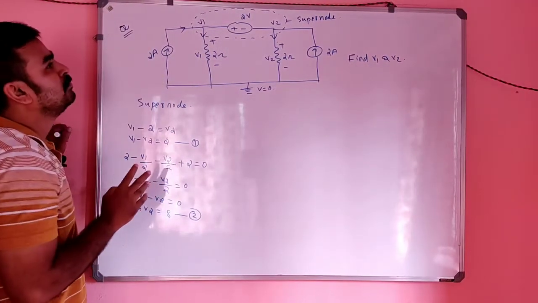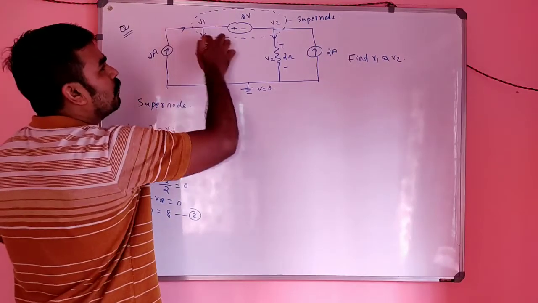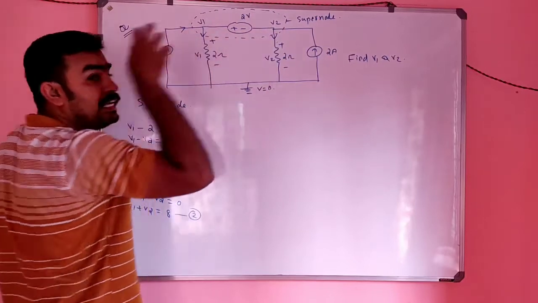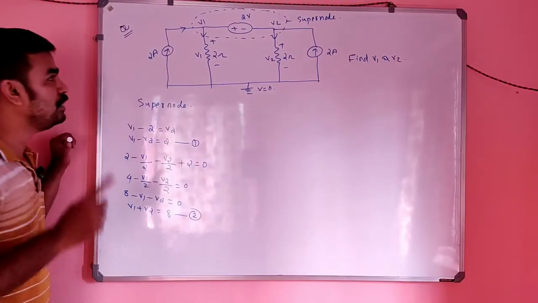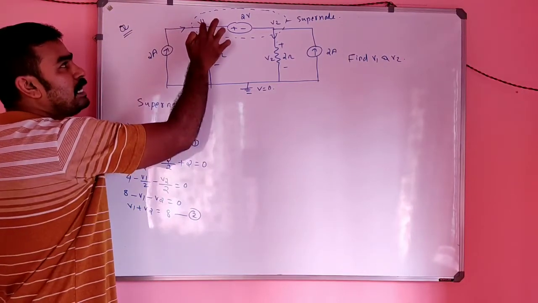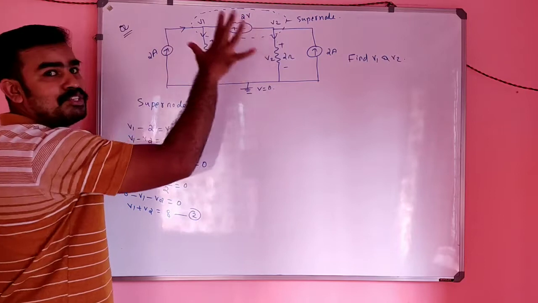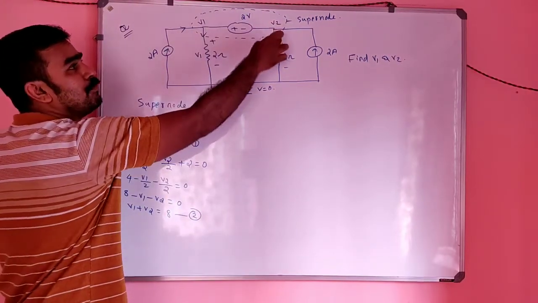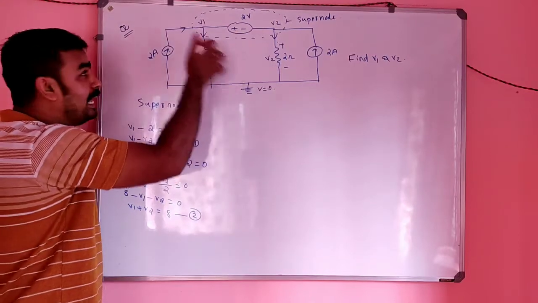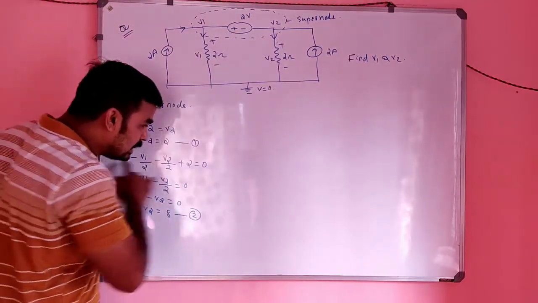And the next step. What is the next step? I have to write the supernode equation. But remember one thing: keep the elements under V1 and V2 as they are, and write the equation for the V1 and V2 elements, the current through those elements, in a single step.